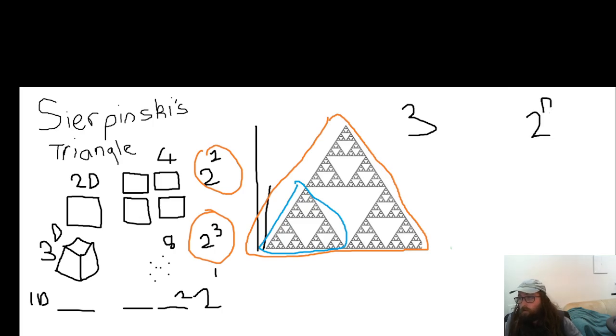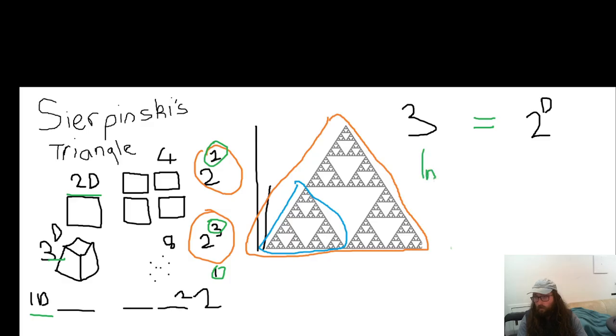Now remember, my definition of dimensionality is that it's always going to be 2 to the power of the dimension. Because for 2D, it was 2 to the power of 2. For 3D, it was 2 to the power of 3. And for 1D, it was 2 to the power of 1. Which means that 3 has to equal 2 to the power of the dimension of this shape.